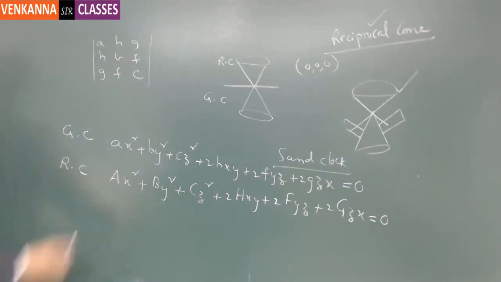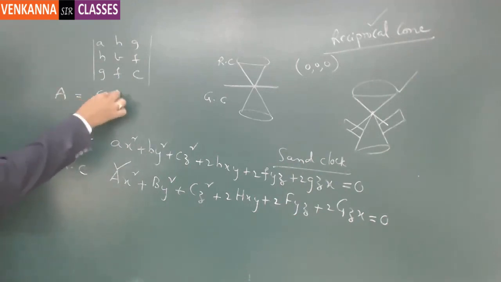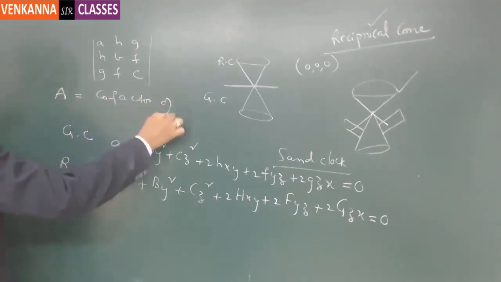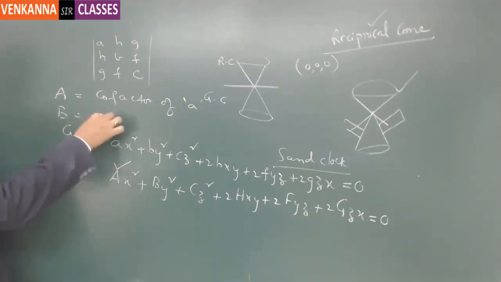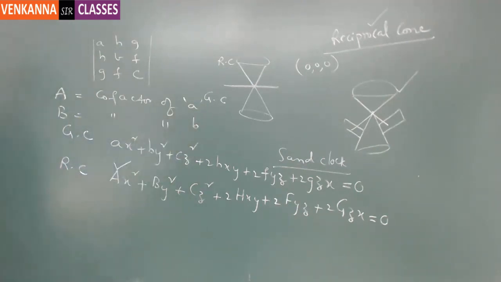Capital A is nothing but the cofactor of small a in this determinant, I mean the matrix. Similarly, capital B is the cofactor of small b. Like that, every capital symbol is the cofactor of the corresponding small one. So this is the formula we use to calculate the reciprocal cone equation. Fine. Please take a note of that.